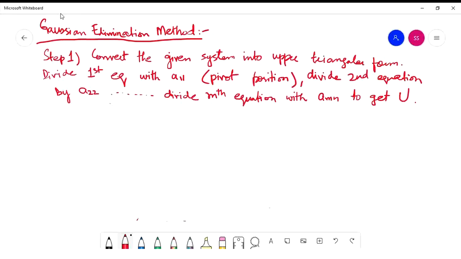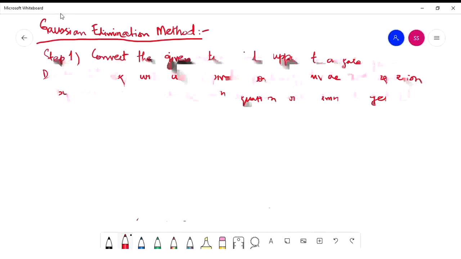Now you will write the given matrix. To convert the given matrix into upper triangular form, I told you the procedure: divide the first equation by the first pivot position, the second equation by the second pivot position, and so on, the mth equation by the AMN pivot position, to get the upper triangular form.